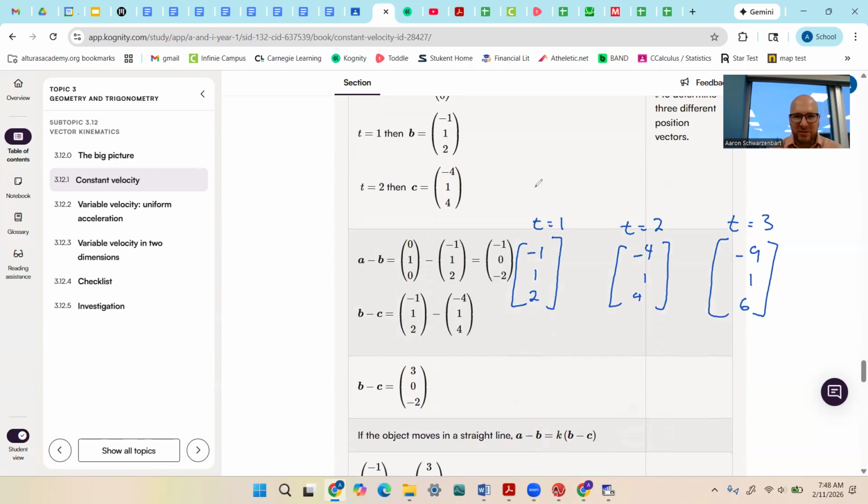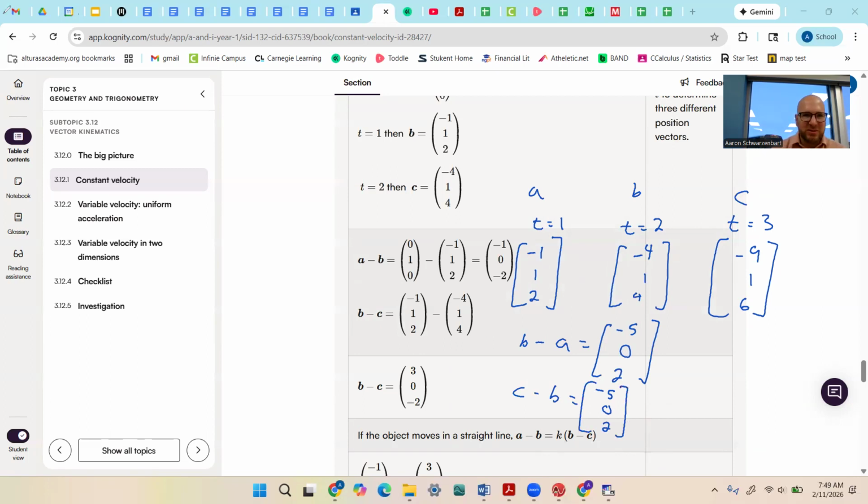If we wanted, we could call them A, B, C. So B minus A, here is how they're justifying it, equals -4 minus 1 is -5, 1 minus 1 is 0, is 2. C minus B is -9 minus -4 is also -5, 1 minus 1 is still 0, is 2.